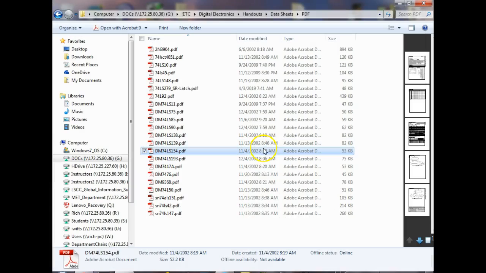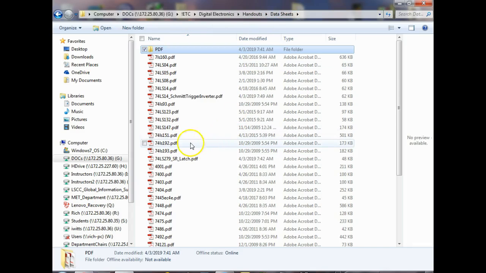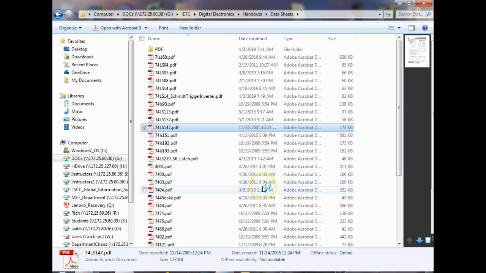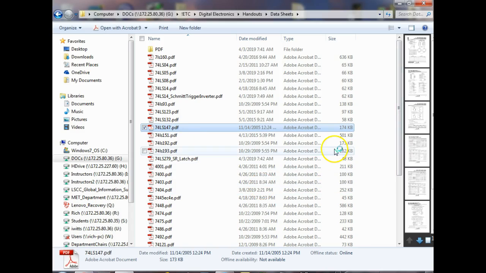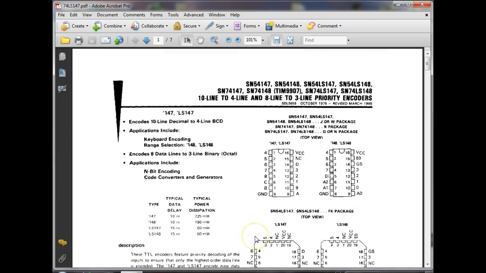Now the encoder that we looked at was a 74147. So what we're going to do here is bring in another numbering system. This is 0 through 9, so this would be a decimal to binary encoder, right?